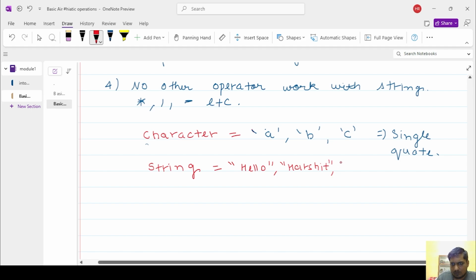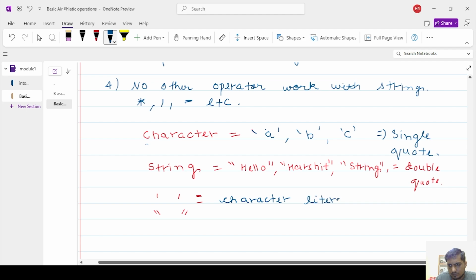Or string means double quote. So a single quote is called a character literal, and a double quote is called a string literal.